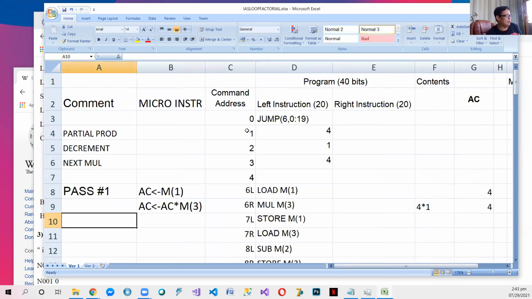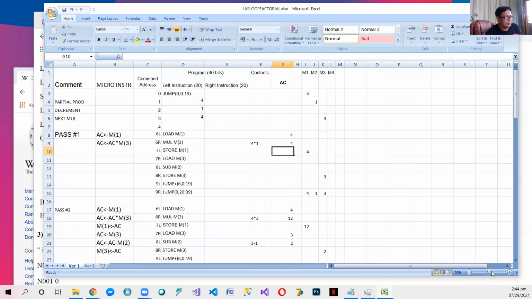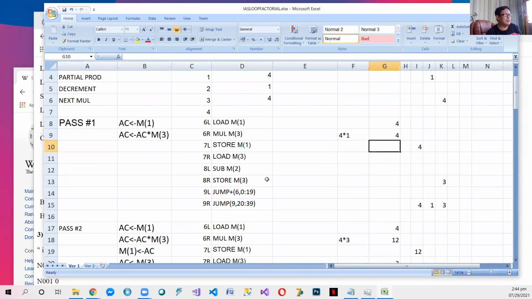Okay, so actually by store M1, I hope I can palitan ko lang, no. Sorry, it's too small. Okay, can you still see it? Makita lahat, no? By store M1 we mean M of 1 receives AC. AC goes to M1. So ngayon nandito na ngayon. Okay. So we have computed the first partial product, which is 4. So what we're going to do is compute the next multiplier.